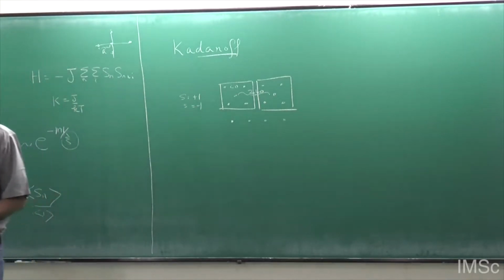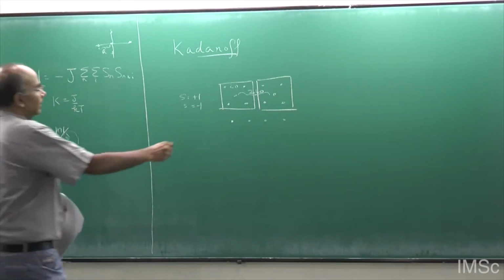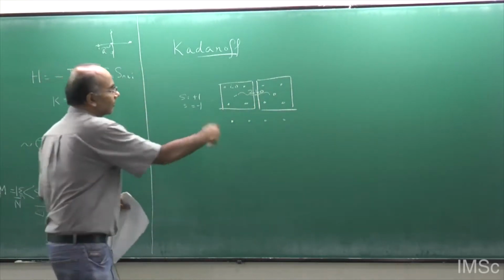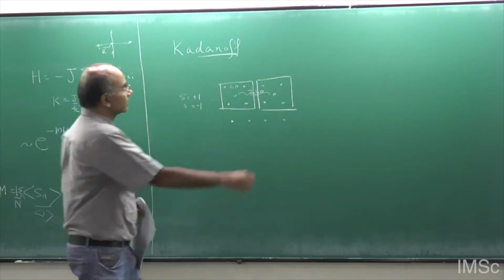Okay? So in your new Hamiltonian, you will have a spin here, a spin there, separated by L0, and so on for the rest of the lattice. So this is called blocking.